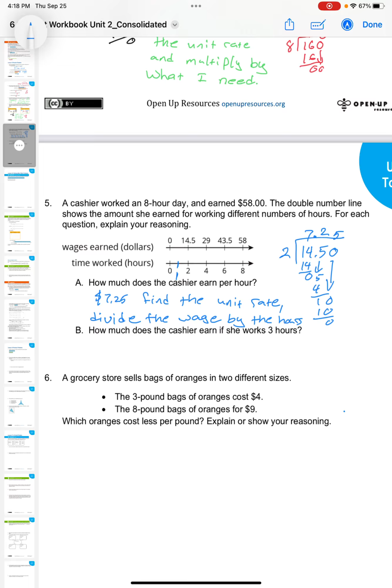So how much does the cashier earn if she works 3 hours? Well, that would be $14.50 plus $7.25. So 5, 7, 21.